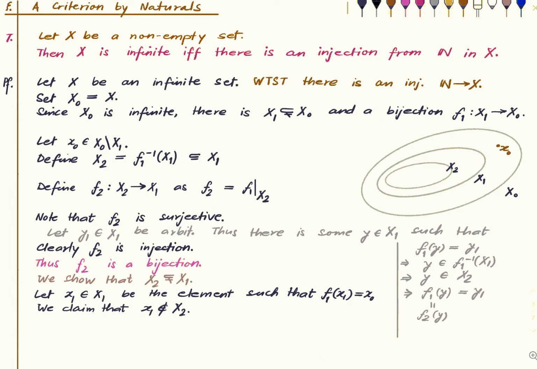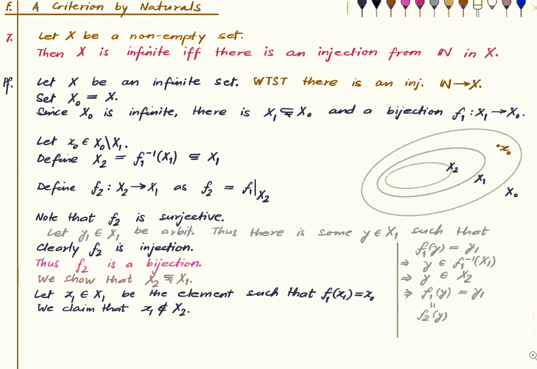And therefore x1 cannot be in X2. If it were, then applying the function F1 to it would give us something inside X1. But applying the function F1 to it also gives us x0, which is outside X1. And that would be a contradiction. So that justifies this step, and that also justifies this diagram.